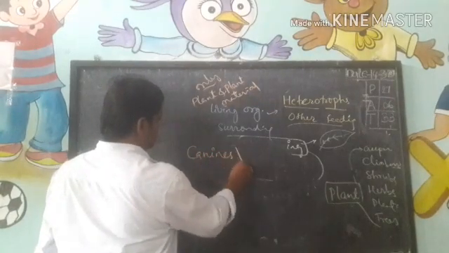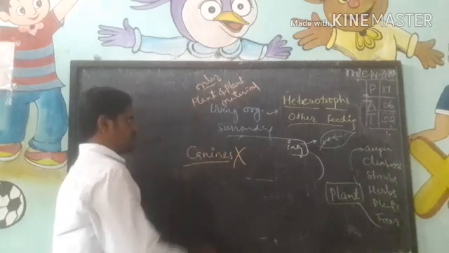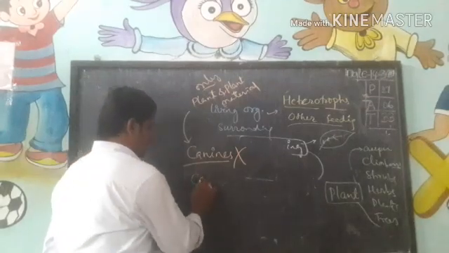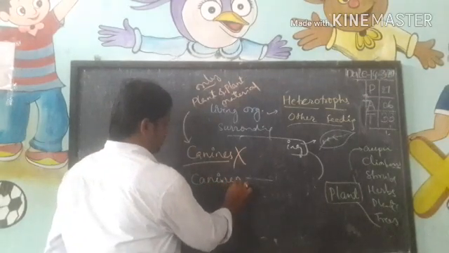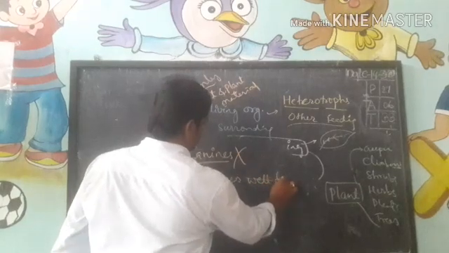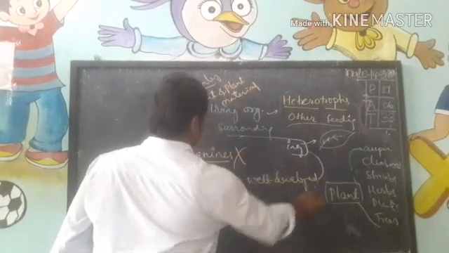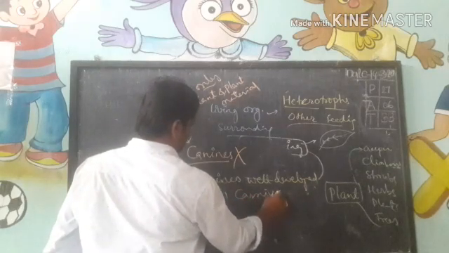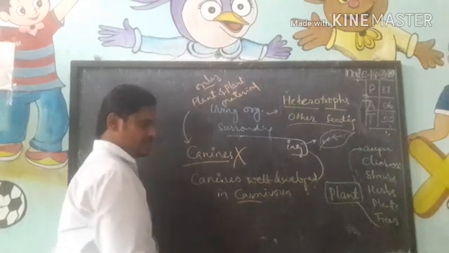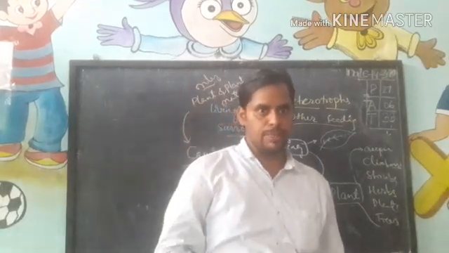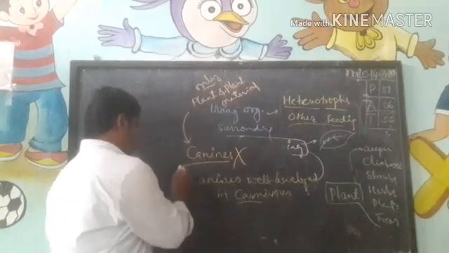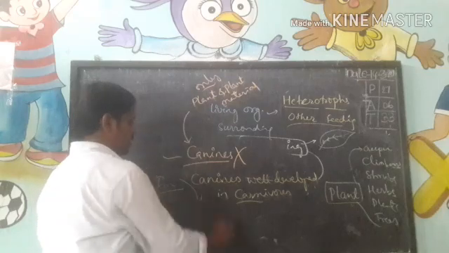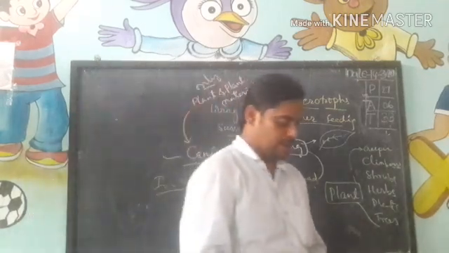Canines are absent in herbivorous animals, whereas canines are well developed in carnivores. Why? Because they have to tear the flesh. In omnivores, both canines and incisors, all teeth are involved in nutrition, in chewing of food.